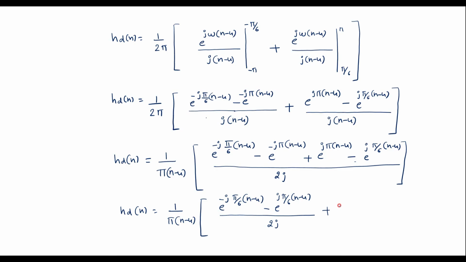Now I will write this term, that is e power j pi of (n minus 4), then minus e power j pi of (n minus 4), divided by 2j. So in the next step I will represent this term first and this term next.